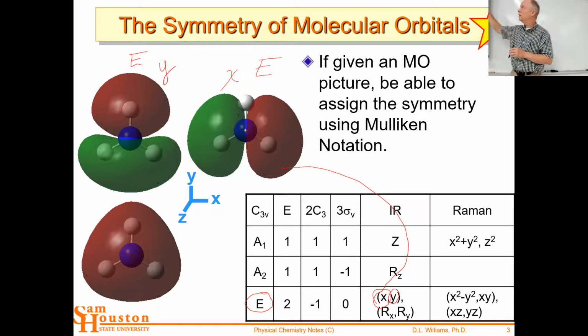But you can already look at that. Let's look at the one on the right, the X. Doesn't that look like a p orbital, kind of, on the nitrogen? So if we took the p orbital in the x direction on the nitrogen, it could interact with those two hydrogens. And so we could draw this. This is a little bit of foreshadowing. Let me switch to the projector. Okay.